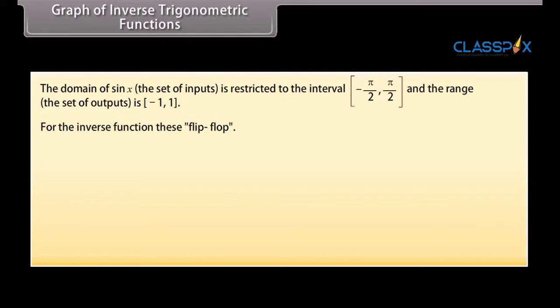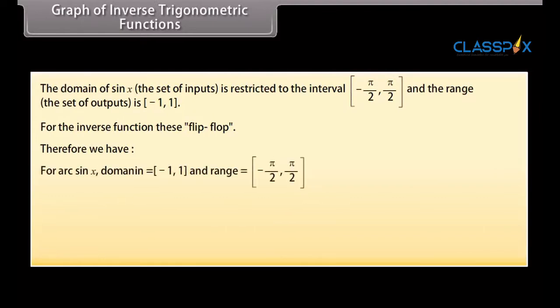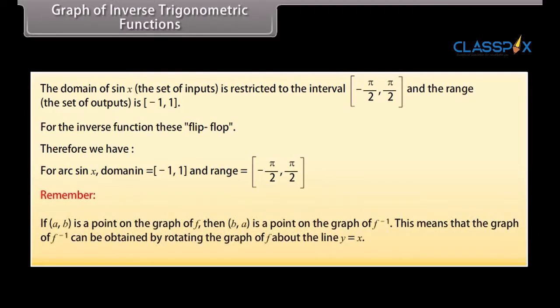For the inverse functions, these flip-flop. Therefore, we have for arc sin x, domain is equal to -1, 1 and range is equal to -pi by 2, pi by 2. Remember that if a, b is a point on the graph of f, then b, a is a point on the graph of f inverse.